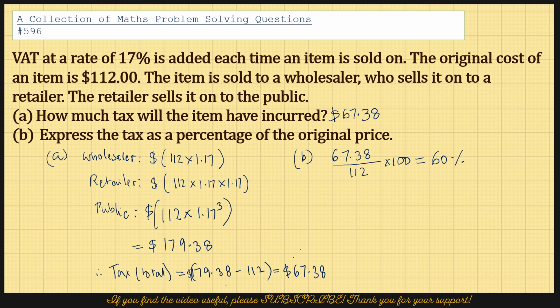So that's around 60%, rounded. So the answer, the tax as a percentage, is 60%. And that answers the question.